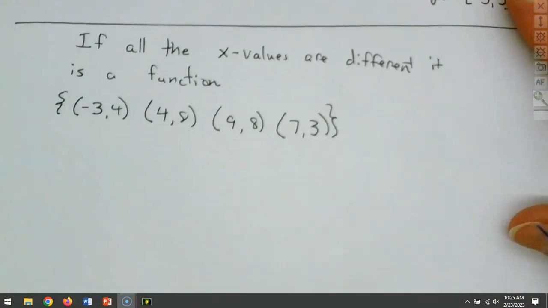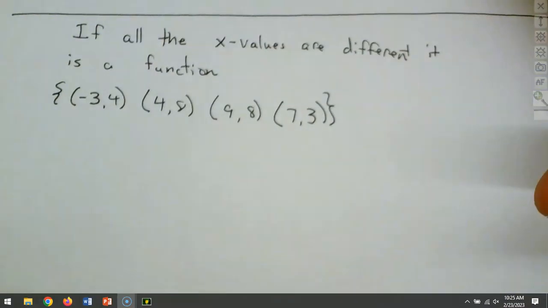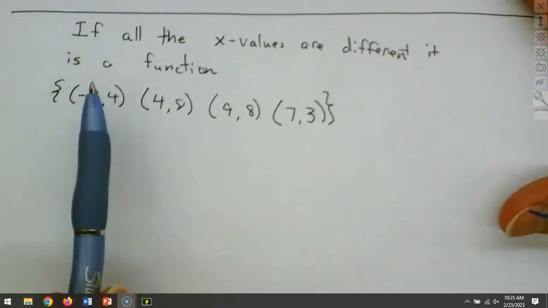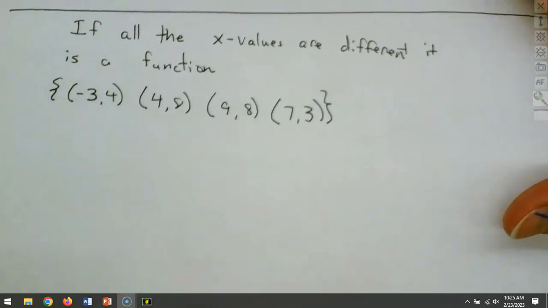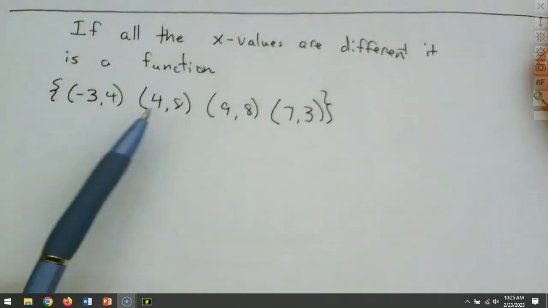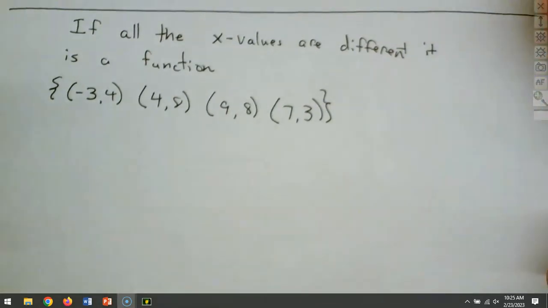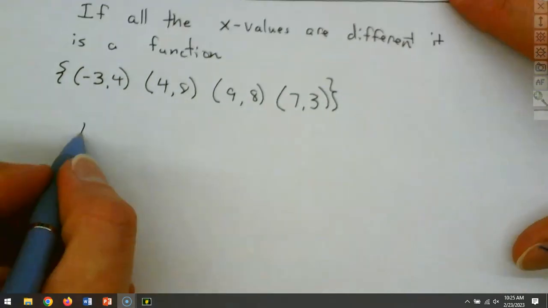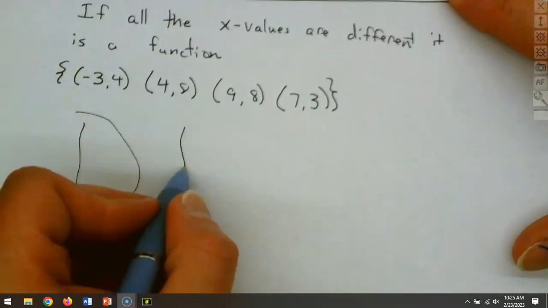And what I like to do is I like to make a mapping. These are separate ordered pairs. Okay, so we're looking at each one of these. These are different ordered pairs, and we're going to see if they're a function or not. And so what I like to do is a mapping. So I like to see how they map out.